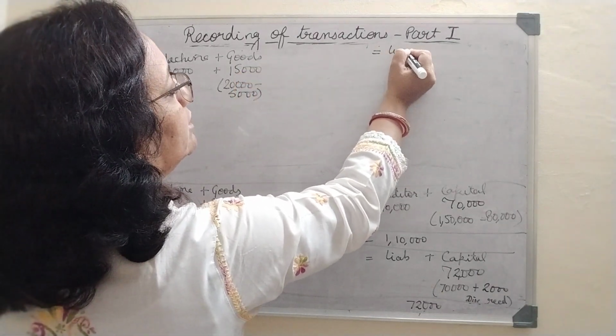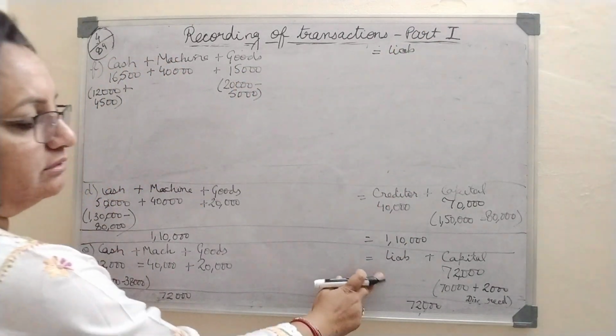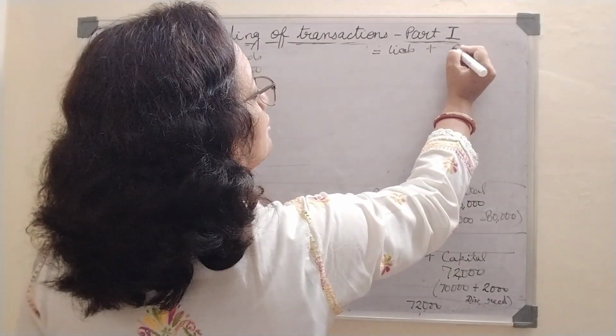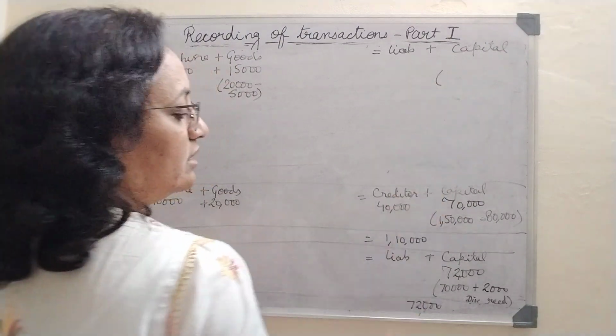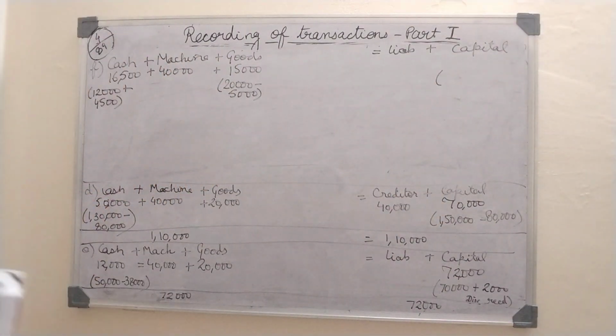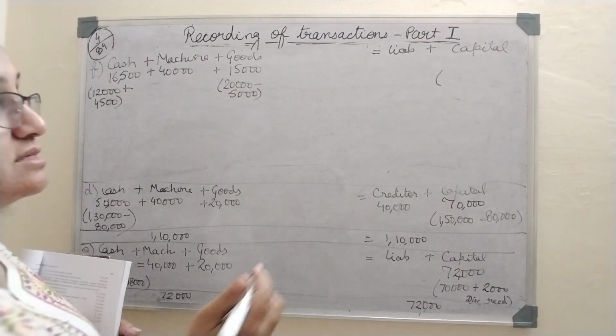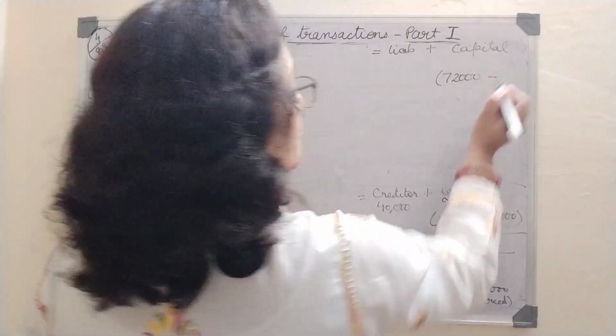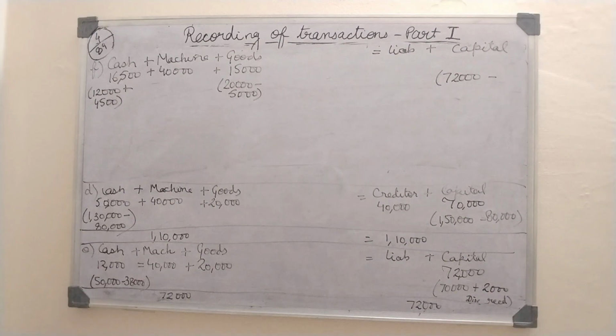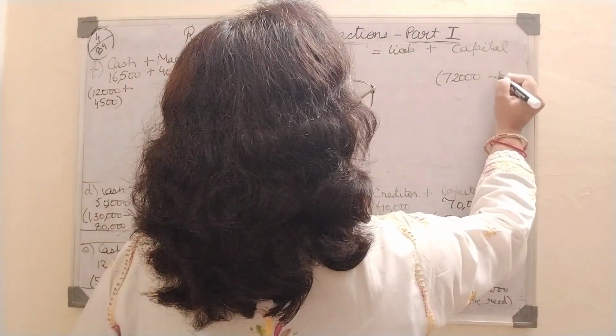Now liability, nothing is there. From capital we will subtract discount given. Discount received is added, discount given is subtracted. So 72,000 minus 500, because 500 was the discount given.